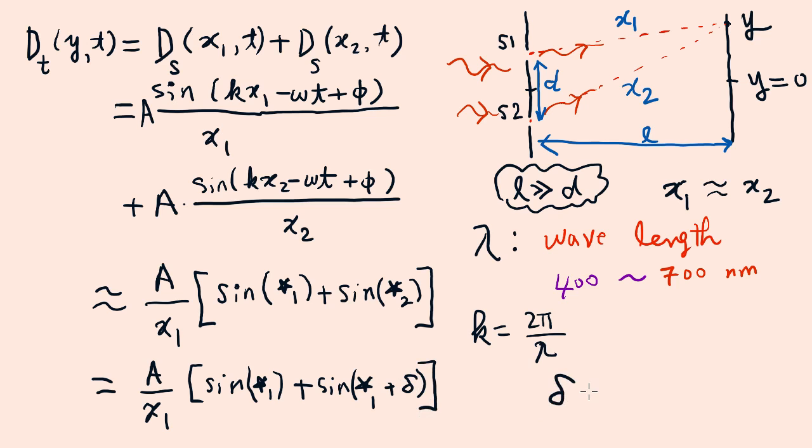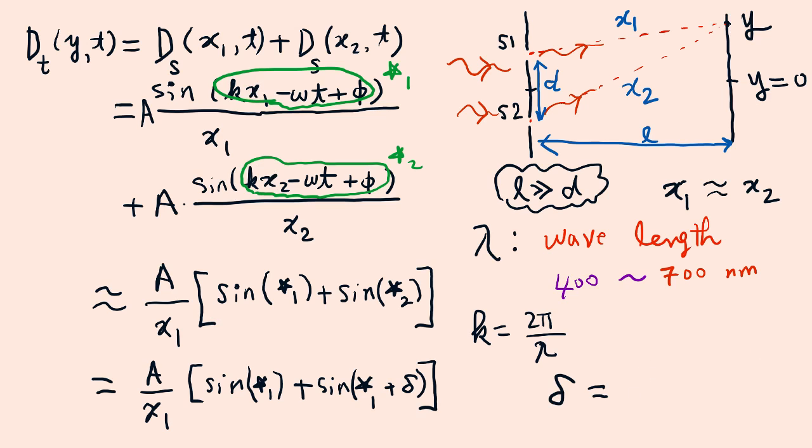Delta is the difference between this phase here, which is star 2, and this phase here, which is star 1. Well, they got the same initial phase because they come from the same plane wave here, and they got the same time because they are measured at the same time on the screen by us. The only difference is x1 and x2.